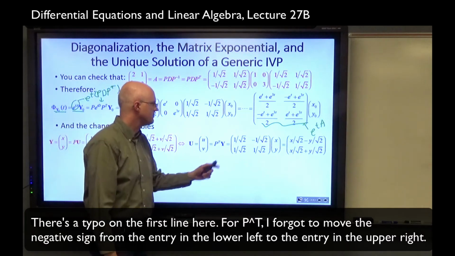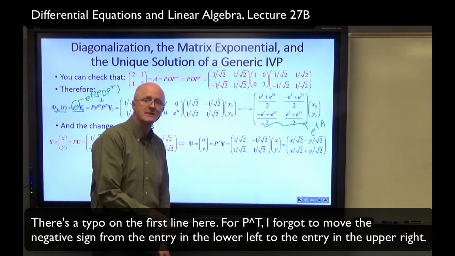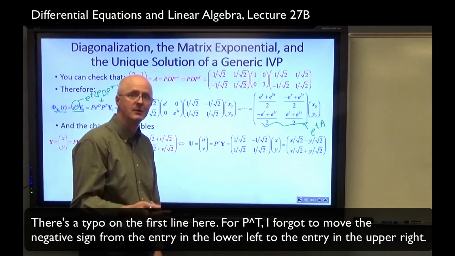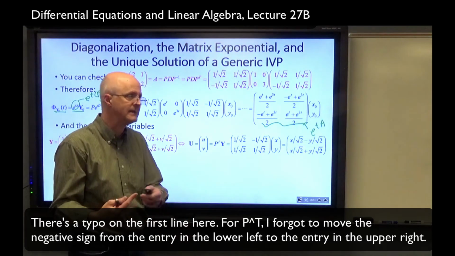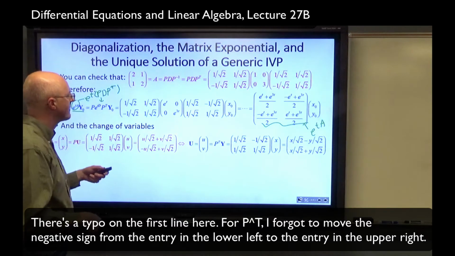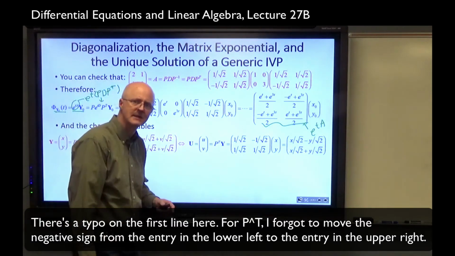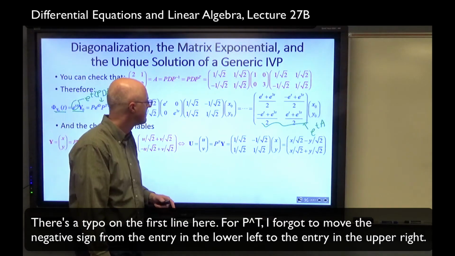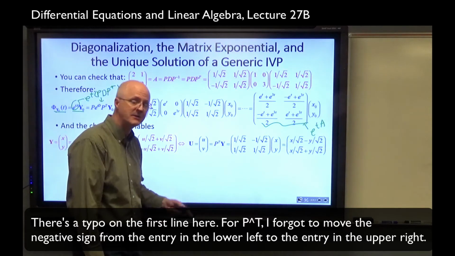This is u in terms of y, which allows us to write the differential equation for u. In lecture 26, was it B or C? I forgot. C, I think. I did that in terms of the components initially. Yeah, it was C. And then I did it in vector matrix form.